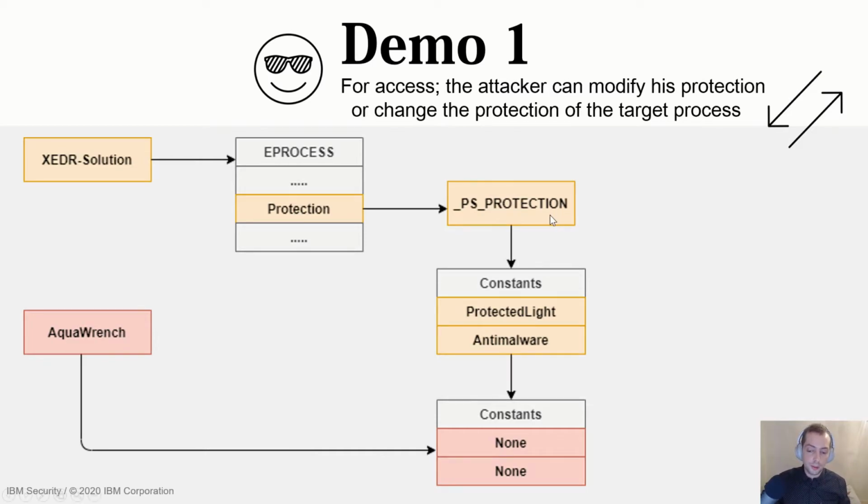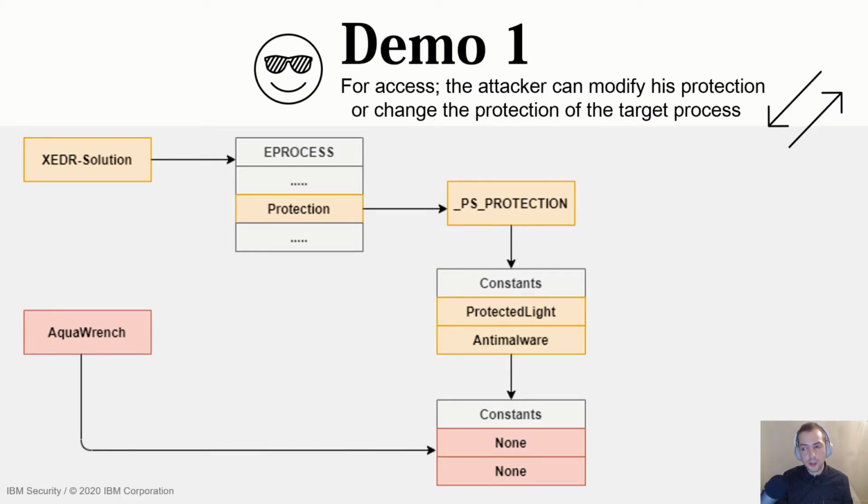You can see that process here. AquaWrench goes in and changes protected light and anti-malware to none and none. Once that's done, the protection disappears in userland, and an attacker can just open a handle to that process and do whatever they want, just as before.